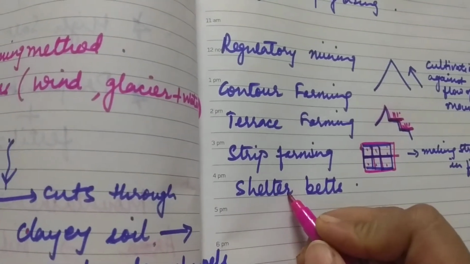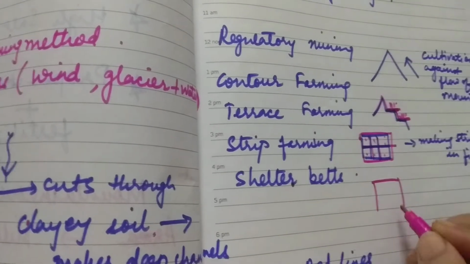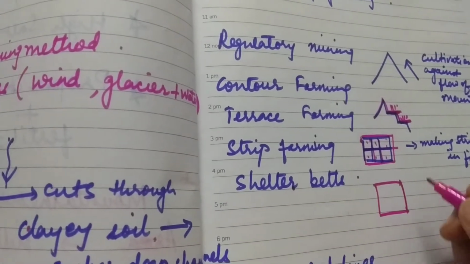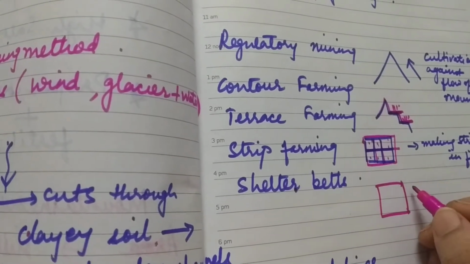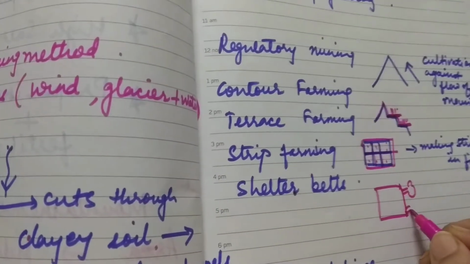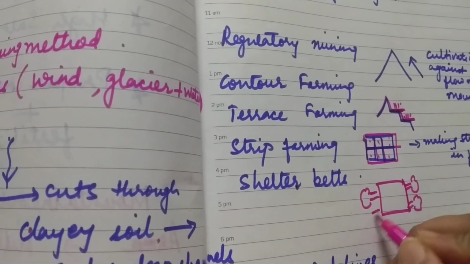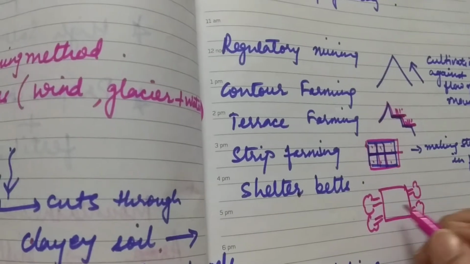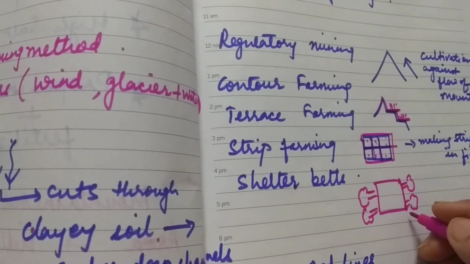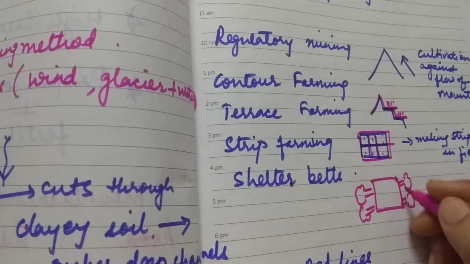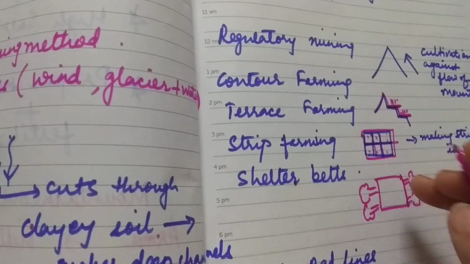The last one is the shelter belts. We have already done shelter belts. Shelter belts are the trees which are planted on the sides of the farming land, and when the wind is blowing, the wind is not able to carry the soil particles with it, as the trees act as an obstruction, a barrier, and the soil particles fall in these places.